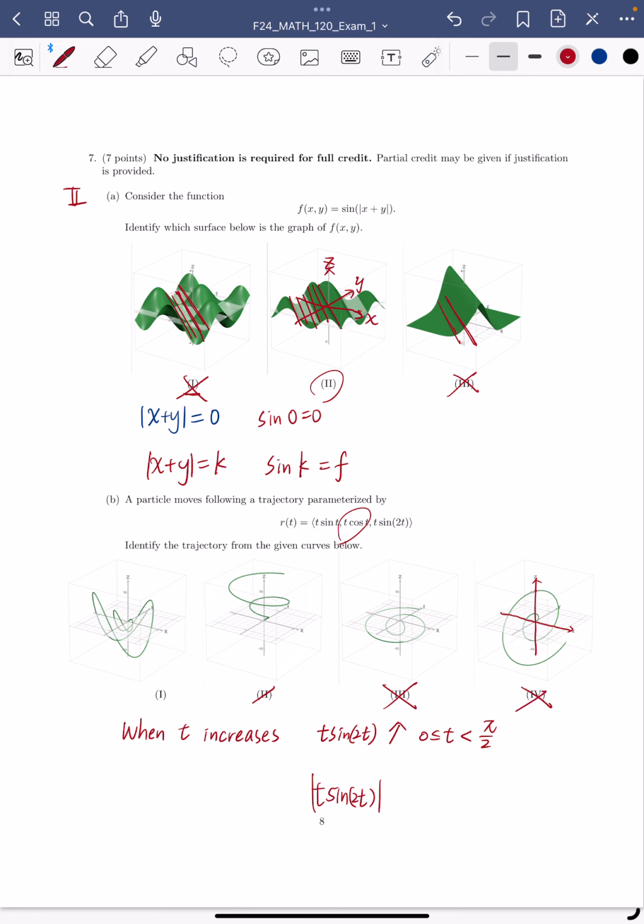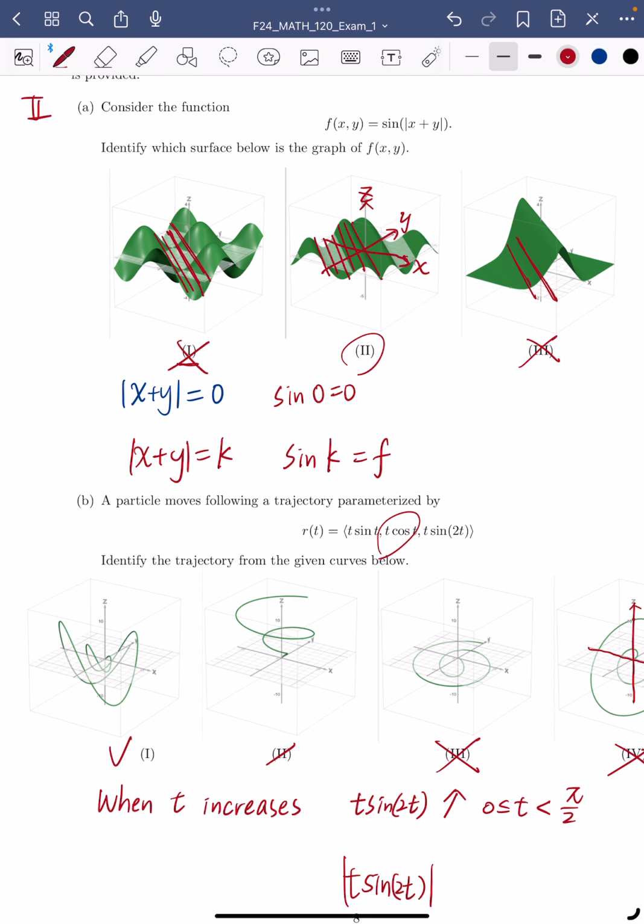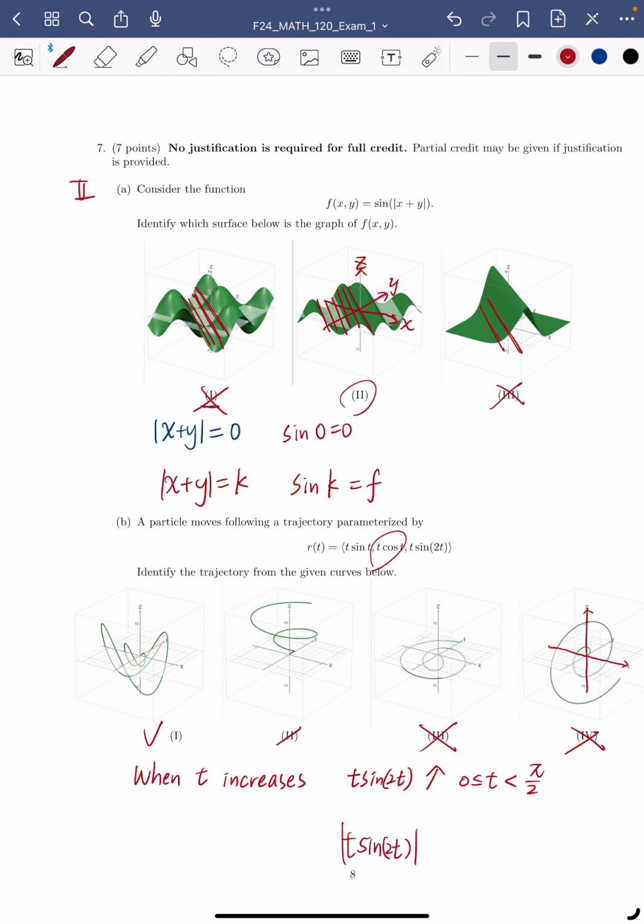Okay, I guess we're left with the first one, which travels like all the possible places, it goes up and down and to the left, to the right. It does look like this trajectory. Okay, so the answer is 1.